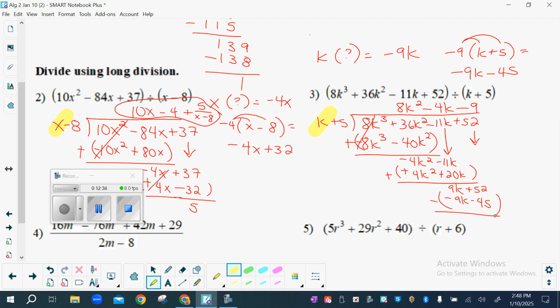So we want to distribute that negative. Oh, oops. You don't want to distribute. Sorry. I don't think you need to. It's positive 9k. My bad. Sorry about that. Good. So this is a positive 9k, so it gives us 9k plus 45.